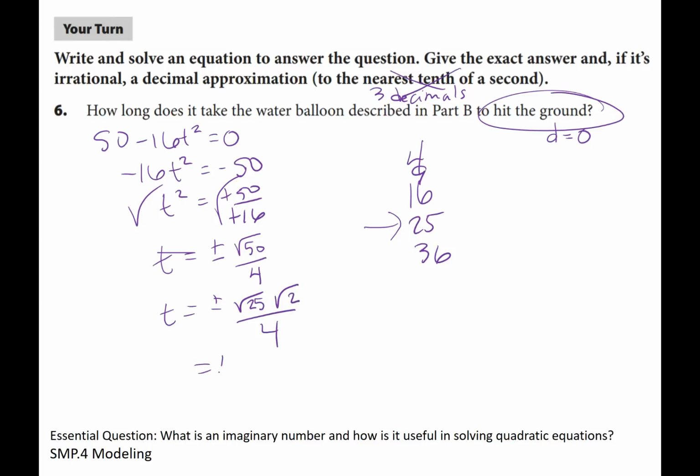Square root of 25 is 5, square root of 2 over 4. Again, that's a perfectly good answer. We would want to drop the negative, so we would know our final answer is 5 square root of 2 over 4. Or the book is telling me, you guys can check the decimal, that it is 1.8 seconds.